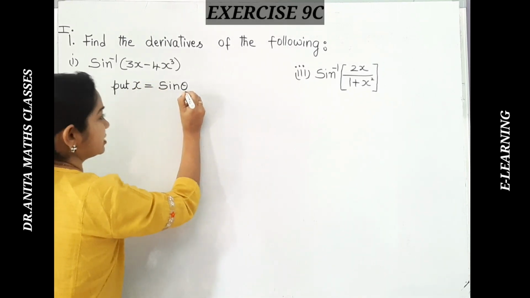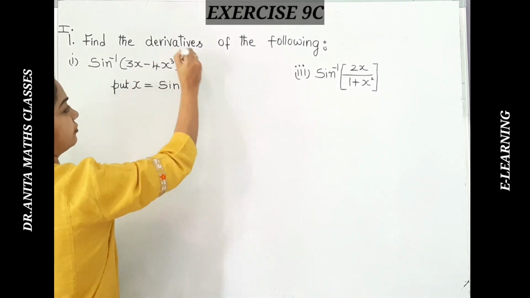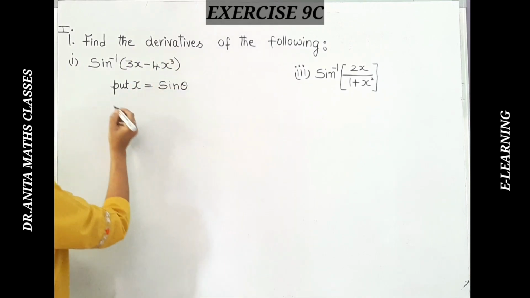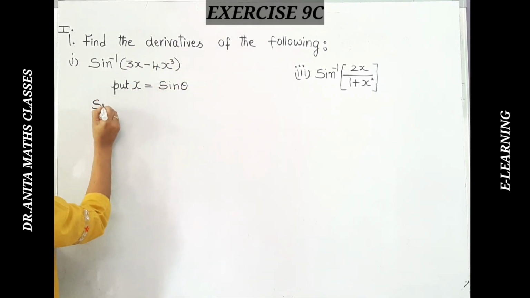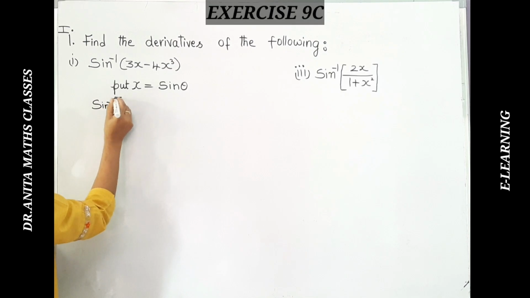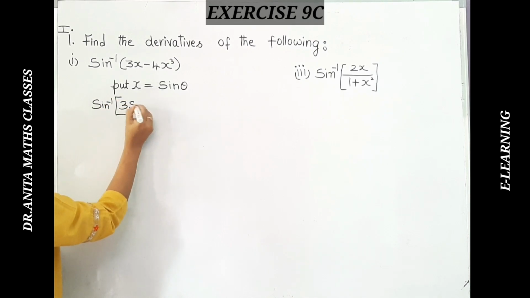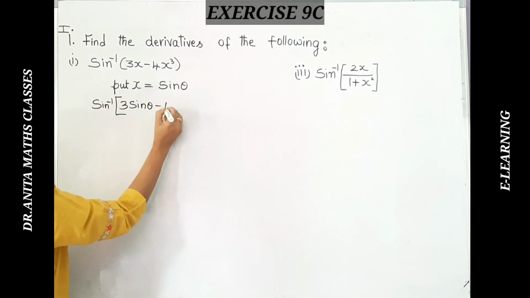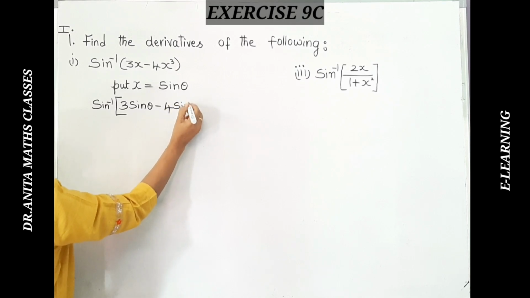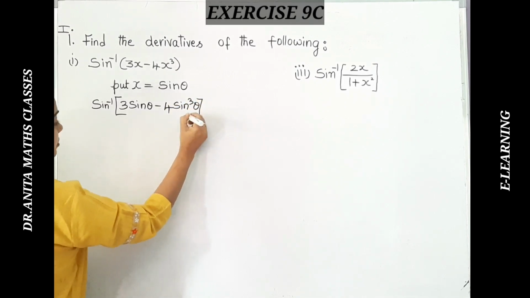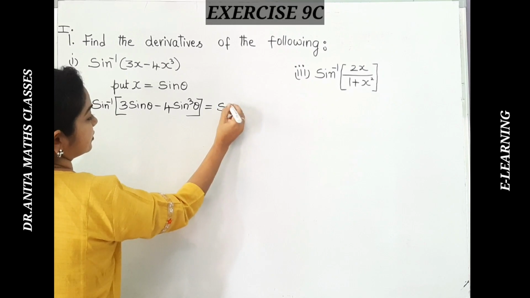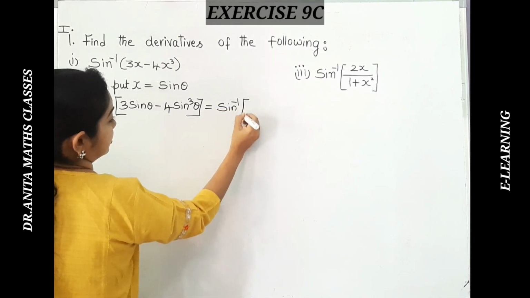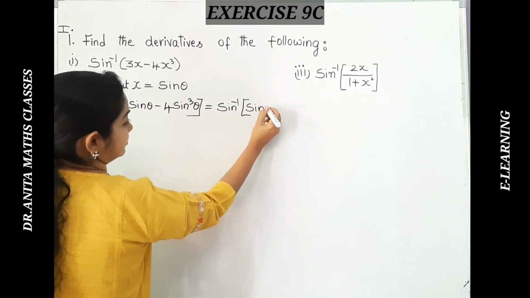So why we are supposing this? We know the formula of the trigonometric ratios of this. So if we keep that, it becomes sine inverse of 3 sine theta minus 4 sine cube theta. So this becomes sine inverse of sine 3 theta.